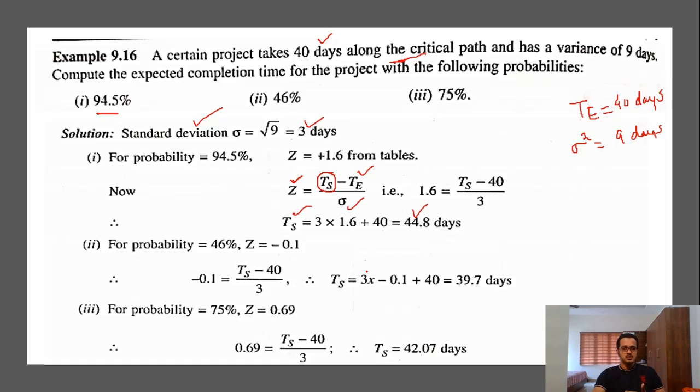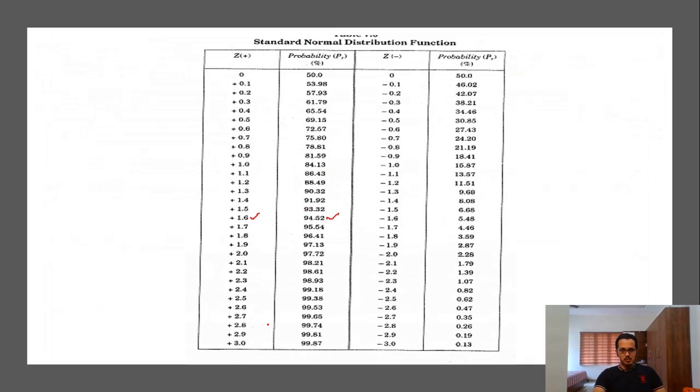The same pattern is being repeated in part 2 and part 3 of the question. Second part, the probability given is 46%, and the Z value we get as minus 0.1. So we get the corresponding value of TS as 39.7. And the last part, the probability is 75%, and the value of Z we get is 0.69 from the table itself.